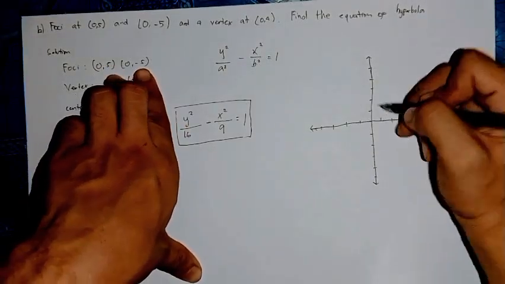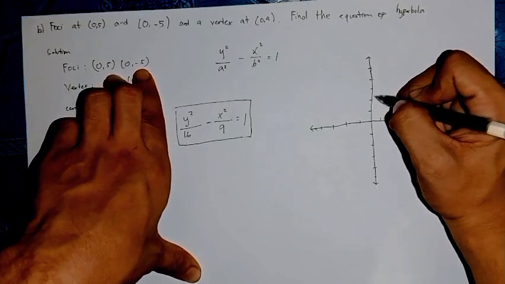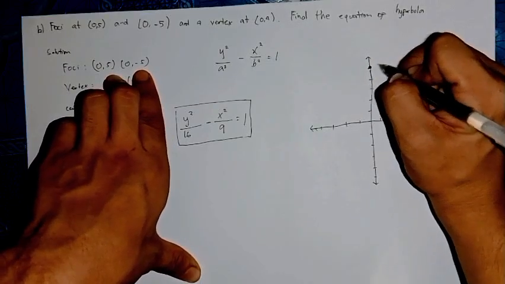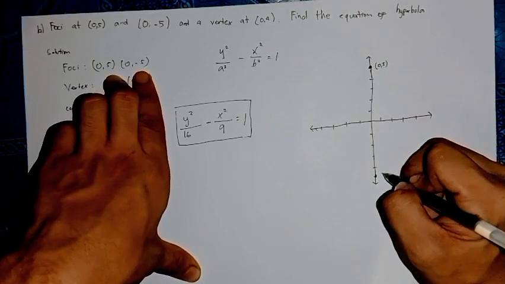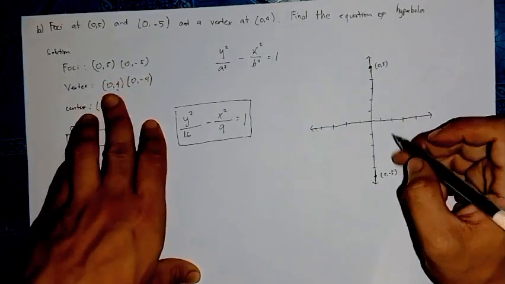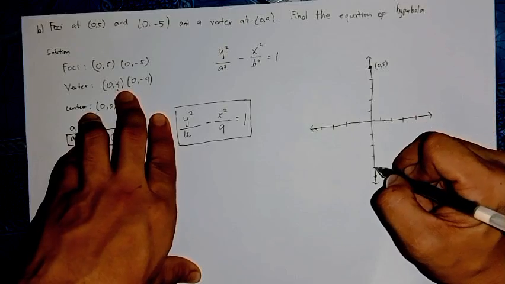So 1, 2, 3, 4, 5. Here, this is now our foci, 0, 5. And this is 0, negative 5. And our vertex is 0, 4 and 0, negative 4. So here, 0, negative 4 and 0, 4.